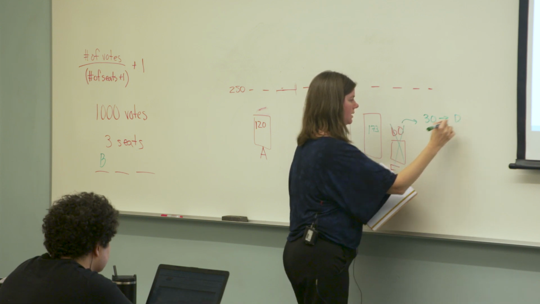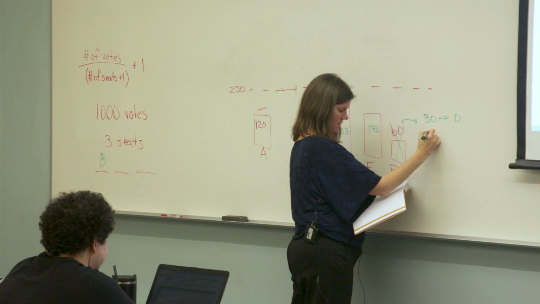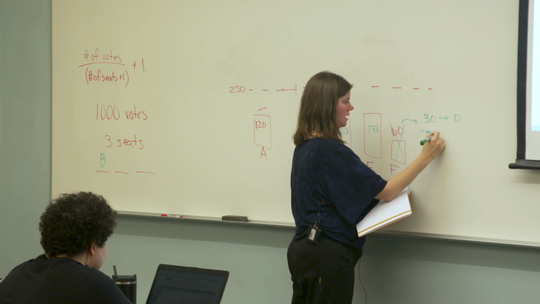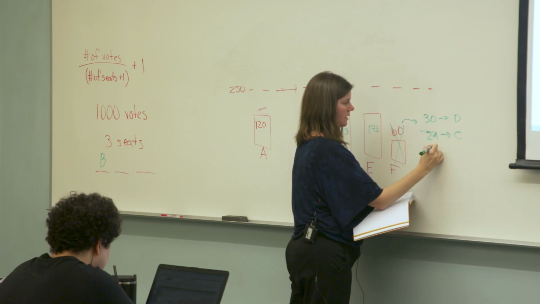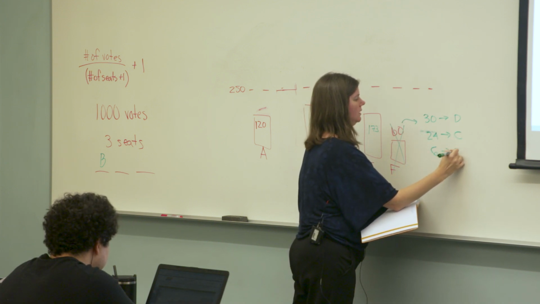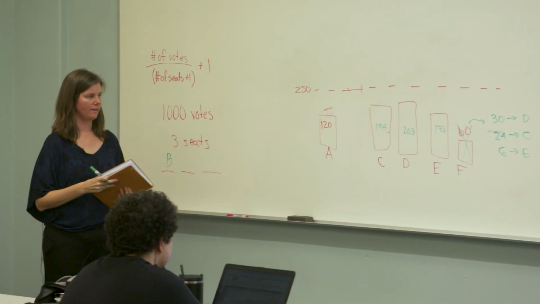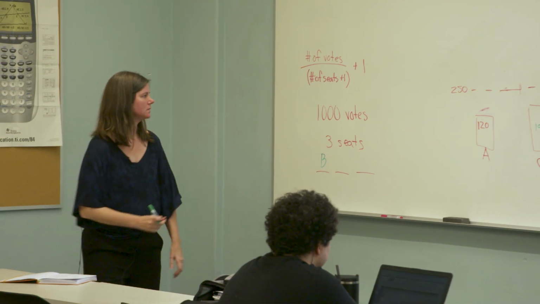So 30 go to D. 24 go to C, and 6 go to E. And none of them have A next in their list. Okay, so let's see what happens then.